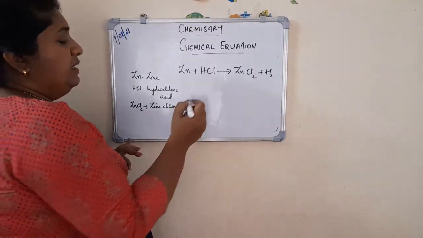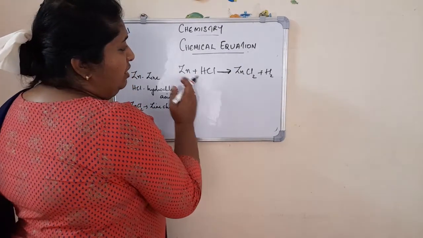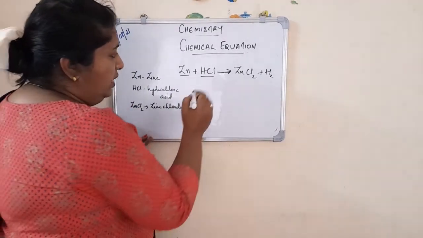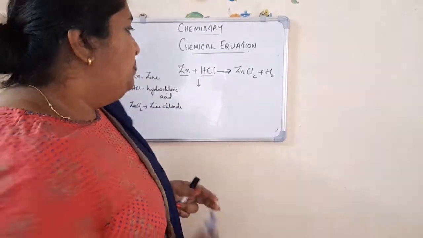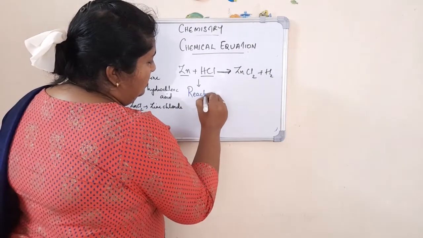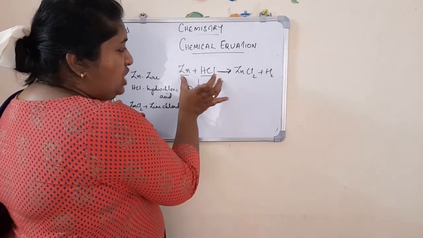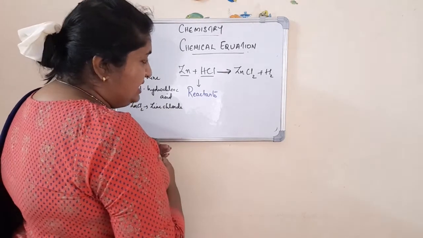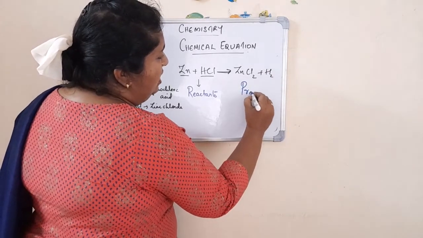Now, see here, on the left side of the arrow you have written zinc and hydrochloric acid. The substances present on the left side of the arrow are known as reactants, and whatever we write on the right side of the arrow is known as products.